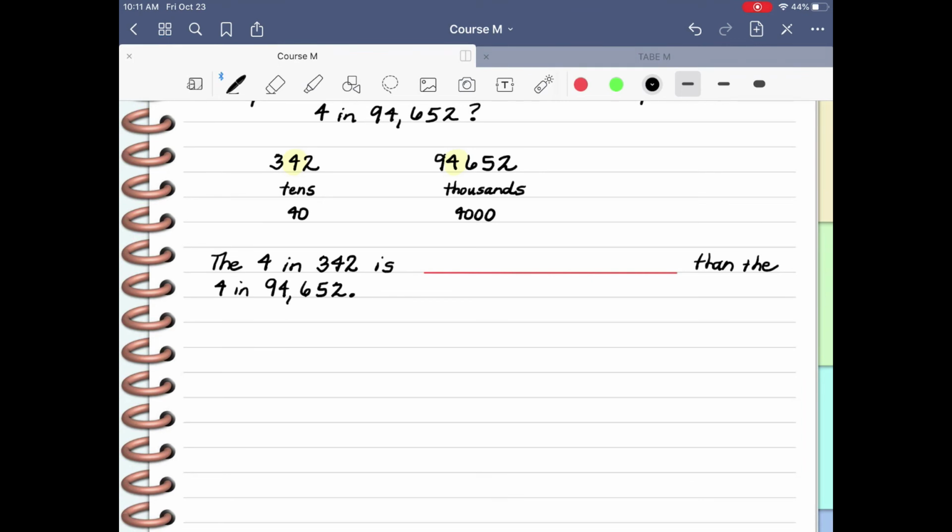Okay, so let's do this math and see what we can come up with here. We are comparing the 4 in 342 and the 4 in 94,652. So we need to divide. You would say the bigger number has to go on top, divided by the other number.